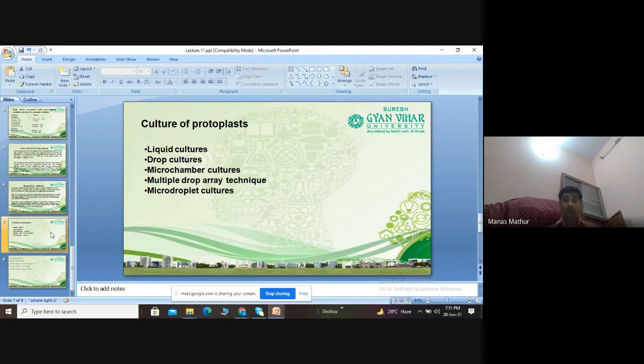It means the volume of the enzymes and all the solutions will be very small, in the microliters. So there are basically 5 types: liquid culture, drop culture, macro chamber culture, multiple drop array technique, and micro droplet culture.